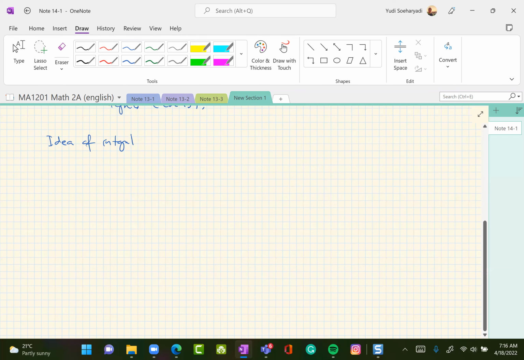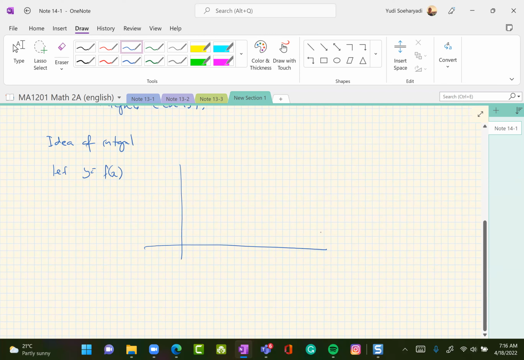Okay, so the basic thing is, suppose you have just one variable, just the main idea. You have f functions on a closed interval AB.